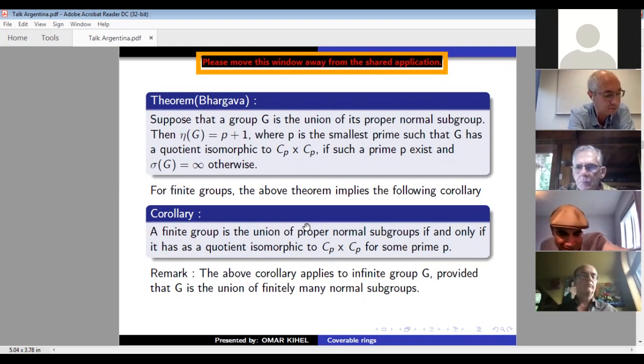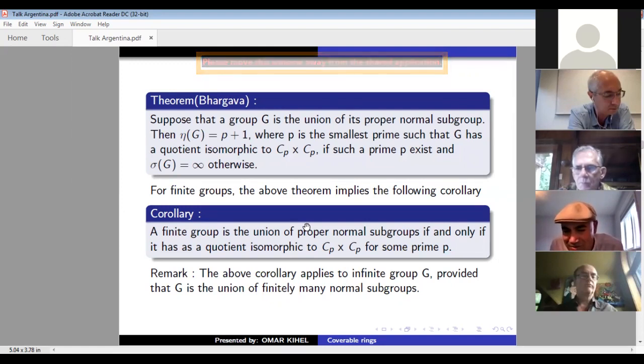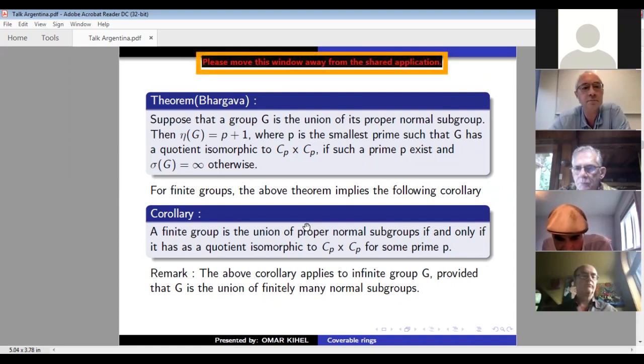So here you see we have Cp cross Cp if such a prime exists, and eta G is equal to infinity otherwise. So if you take p equal to 2, you have Scorza's result, right? So eta G is equal to 2 plus 1, giving 3. And the corollary: a finite group is the union of proper normal subgroups if and only if it has a quotient isomorphic to Cp cross Cp for some prime p.